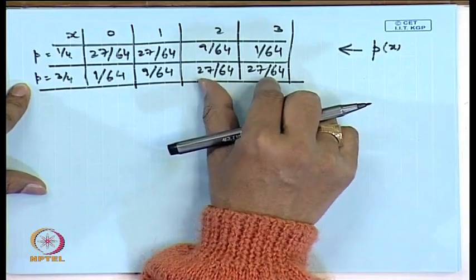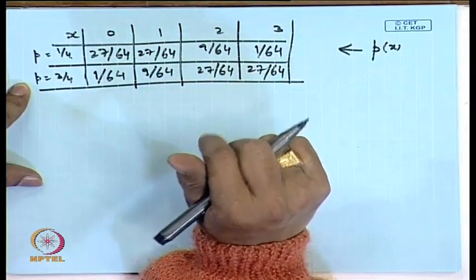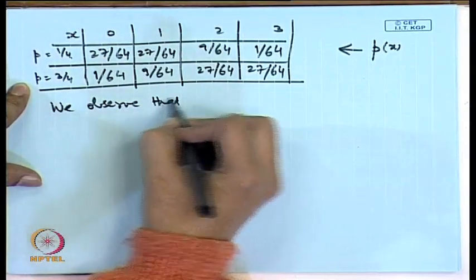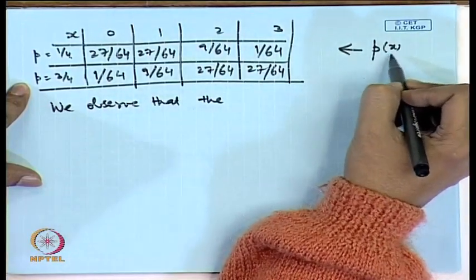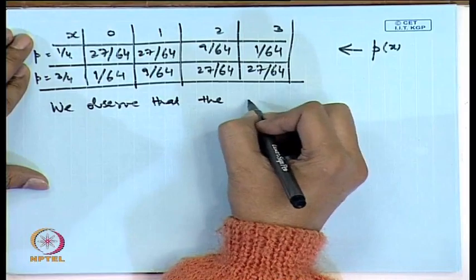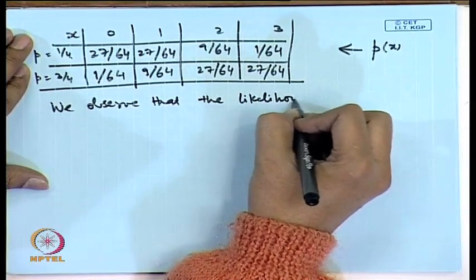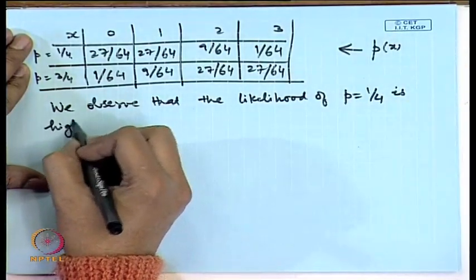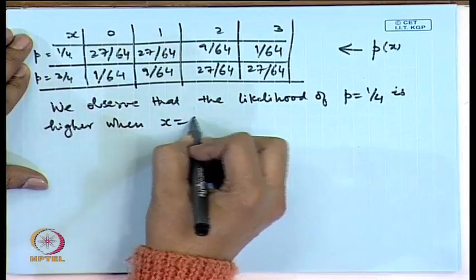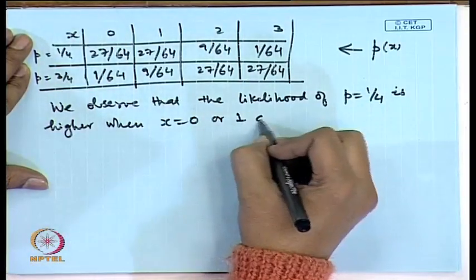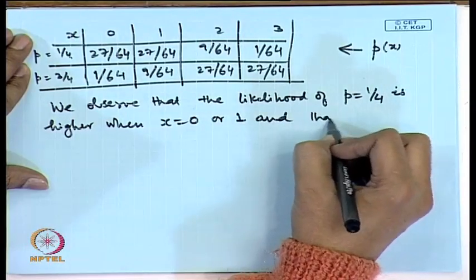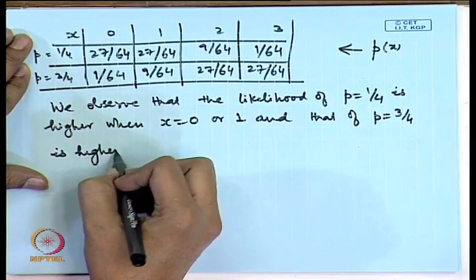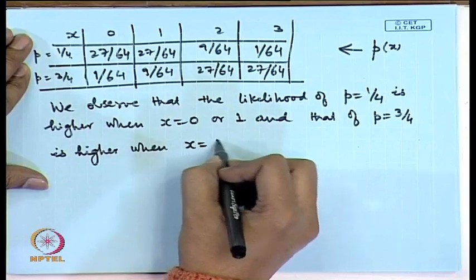So, based on this discussion, we may write our estimators as follows. This p x now I am calling the likelihood. We observe that the likelihood of p is equal to 1 by 4 is higher when x is equal to 0 or 1, and that of p is equal to 3 by 4 is higher when x is equal to 2 or 3.